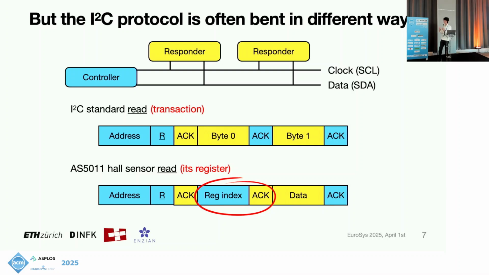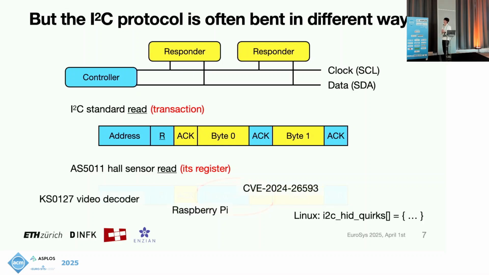So essentially, it changed the meaning of that read bit. It no longer indicates a read transaction, but a read operation to that sensor. This is a violation of the transaction abstraction of the protocol. And this is only one example.